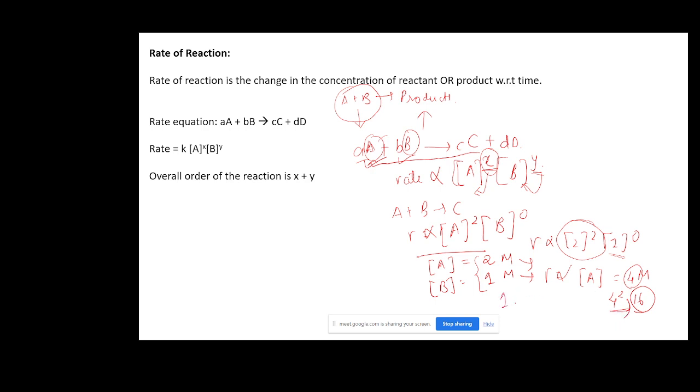However, if you change B from 1 molar to even 5 molar, there will be no change in the rate. Okay, so this is how it determines the rate.